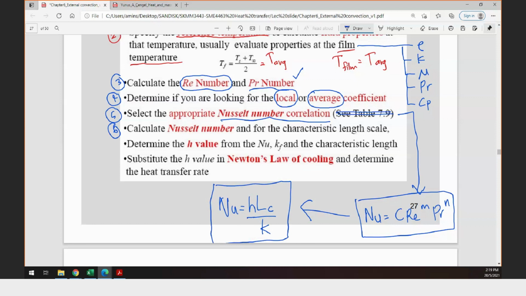This characteristic length scale is Lc. From this you can rearrange into the h form: h equals Nusselt number times k divided by Lc. Then you can get the h value.